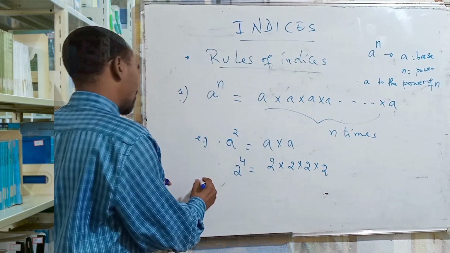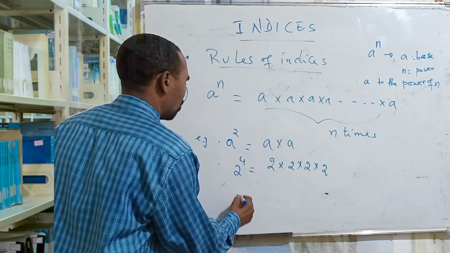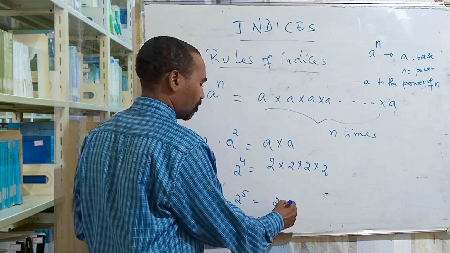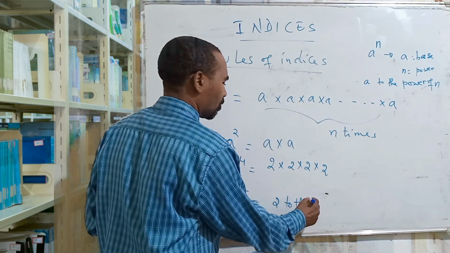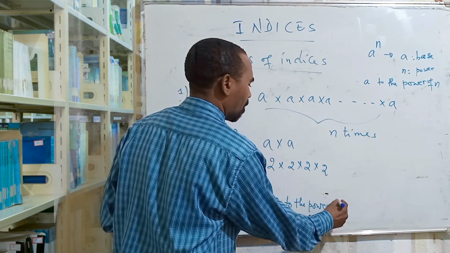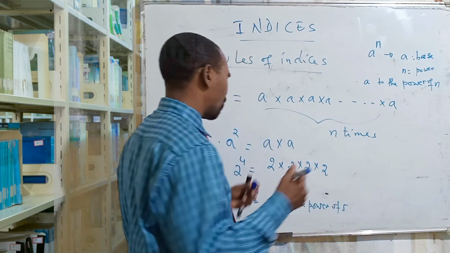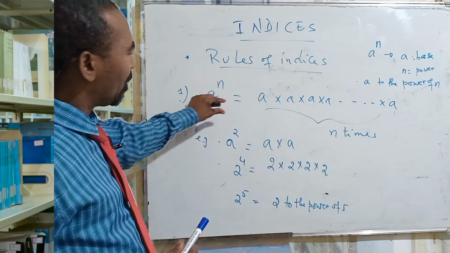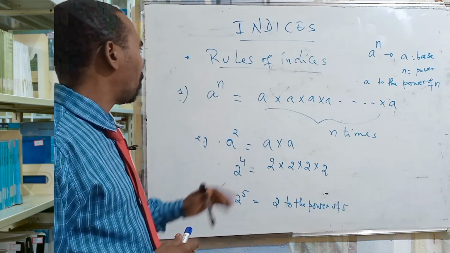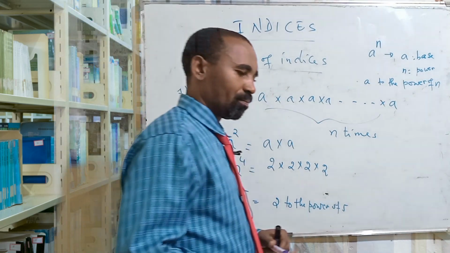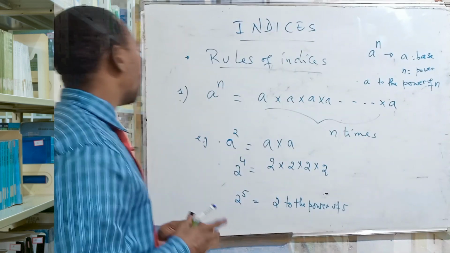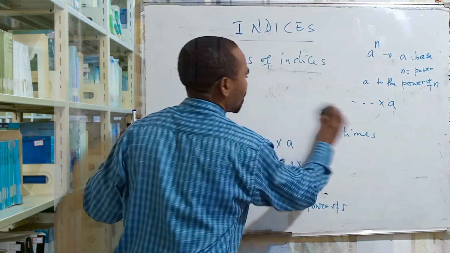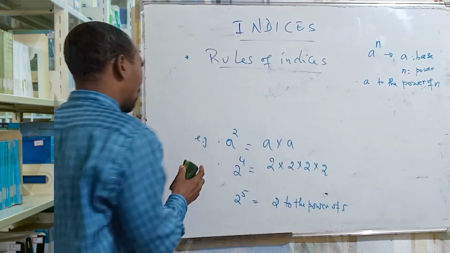If I write 2 power 5, this is 2 to the power of 5, or simply 2 power 5. Knowing this property will help us now to perform a big number of indices.